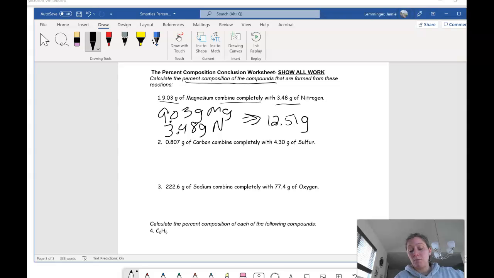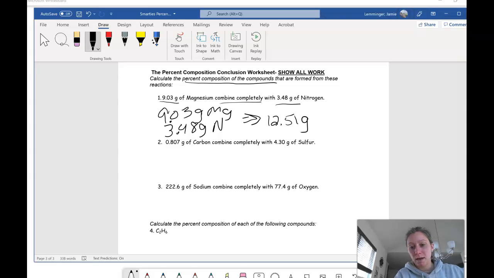You could probably tell me what the product is, knowing that magnesium's a metal with a +2 charge, nitrogen's a non-metal with a -3 charge, but for intents and purposes, let's just look at what we're given here with our masses to try to figure out what the percent composition of magnesium is in this product and the percent composition of nitrogen is in this product with the information and tools that we have.